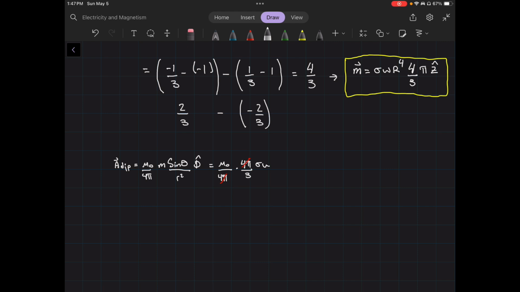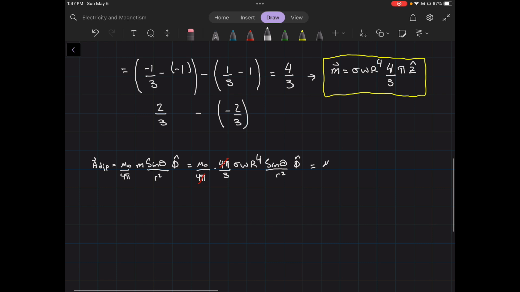Times sigma omega r to the 4th sine theta over r squared in the phi hat direction, which just reduces to mu naught sigma omega r to the 4th over 3 times sine theta over r squared in the phi hat direction.